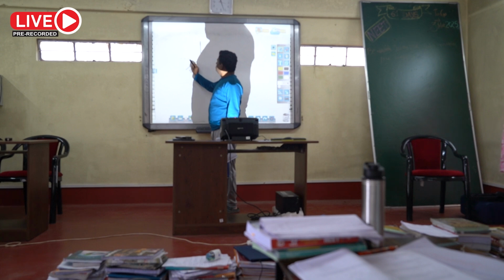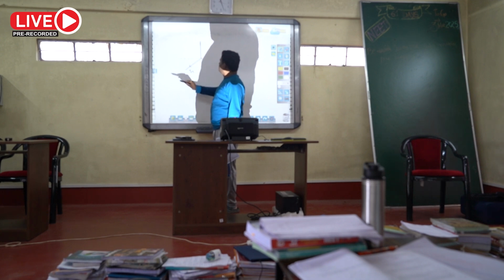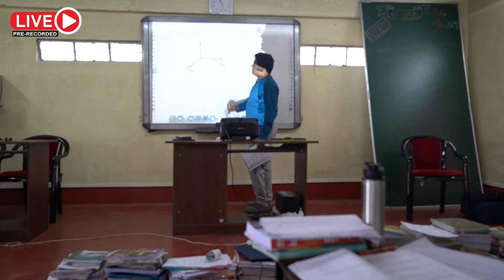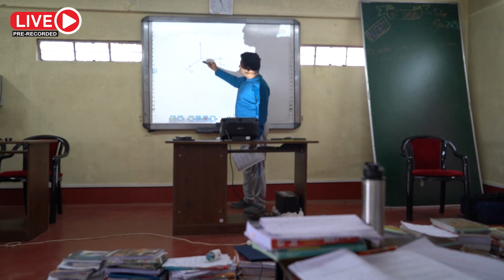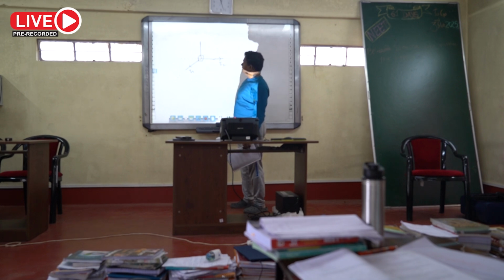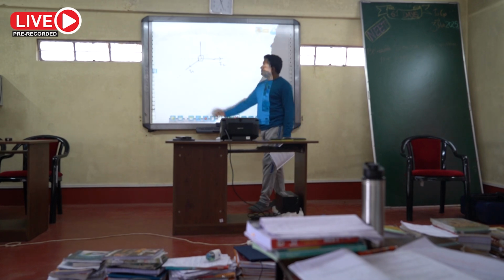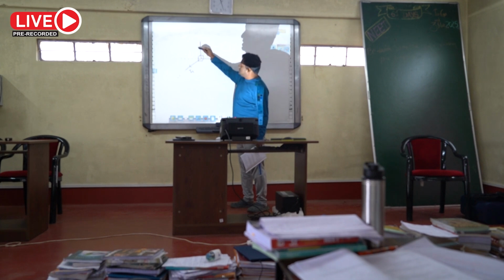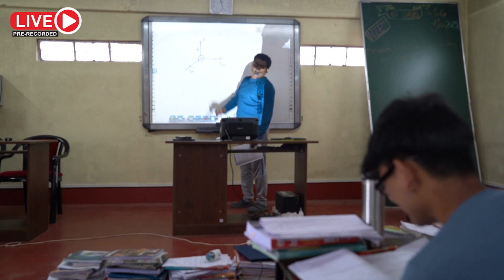These are infinitely long wires, and these two wires are at an angle of 90 degrees. Then from this junction at a distance d, you have to find the field at this point. That point is P.